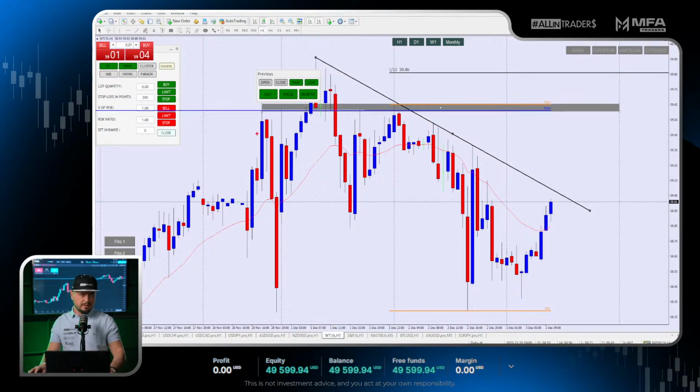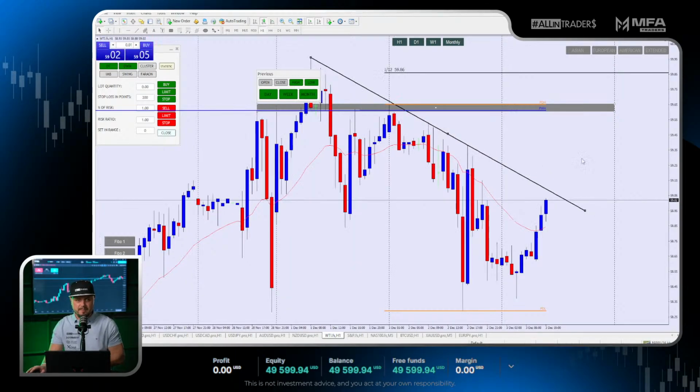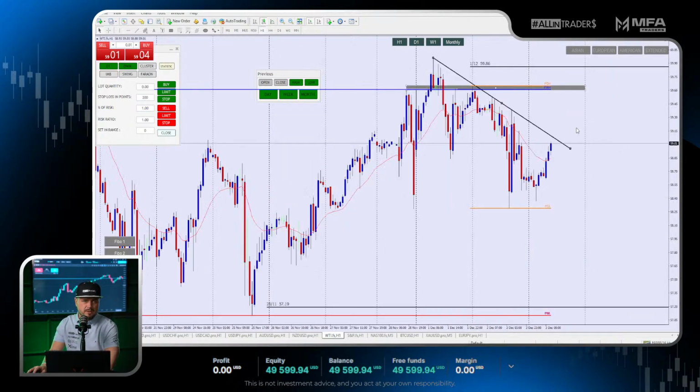You can see some reactions at this area. So there is a chance that if we get here, we're going to have a reaction. I'm not saying reversal, but maybe this reaction is going to be small and then the price will get to the target. We don't know that. But we know there is previous day high and previous week high on the way, but still we got plenty of space. So let me just zoom it out. So what's the plan? I can see a double bottom over here.